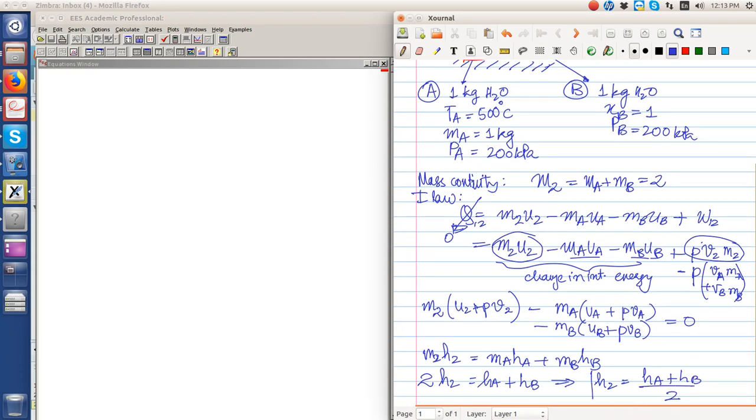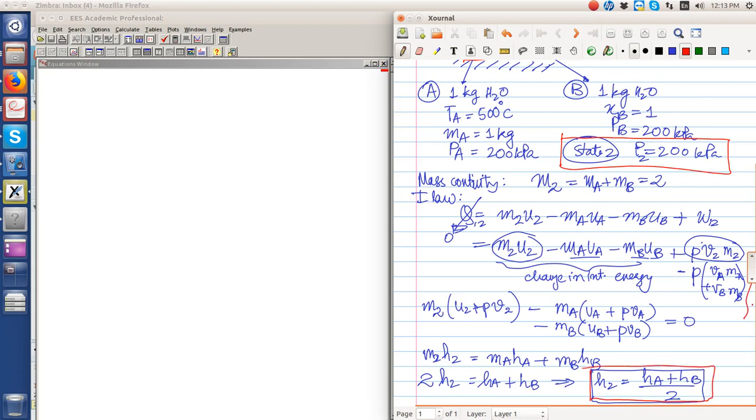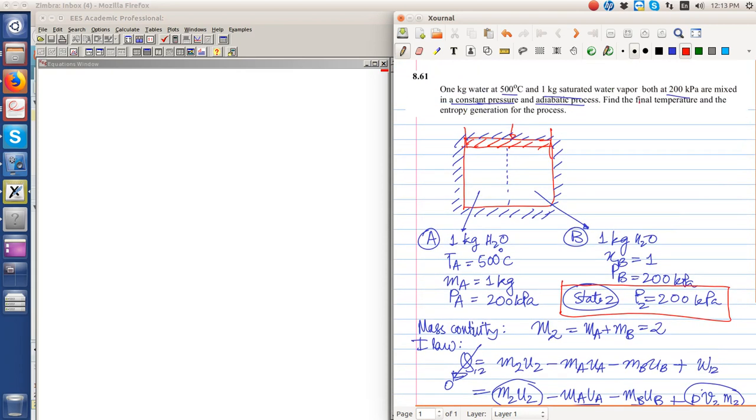Using the final enthalpy and the fact that state 2 is also isobaric, so P is equal to 200 kPa, we can find out whatever else is required.